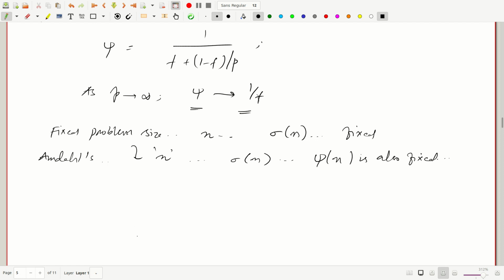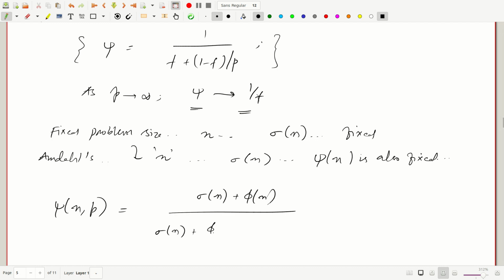Okay, so how do we connect this with the previous definition that we have? We can easily do that. We just have to start off with the previous definition. The previous definition for speedup was sigma n plus phi of n divided by sigma n plus phi of n divided by p plus kappa of n,p, right?